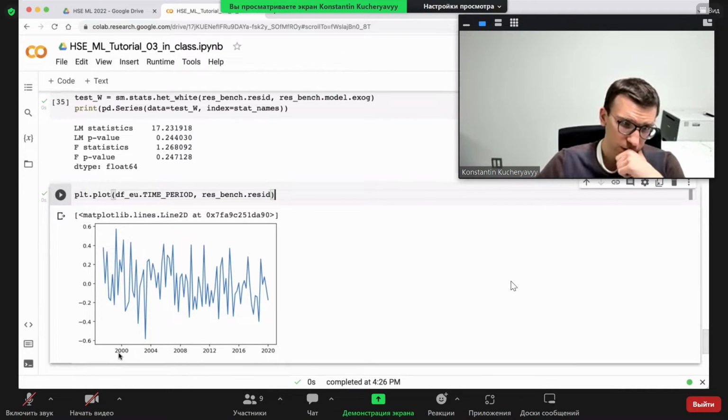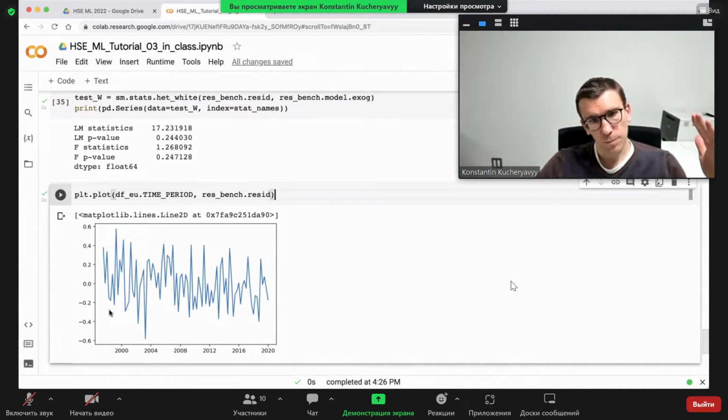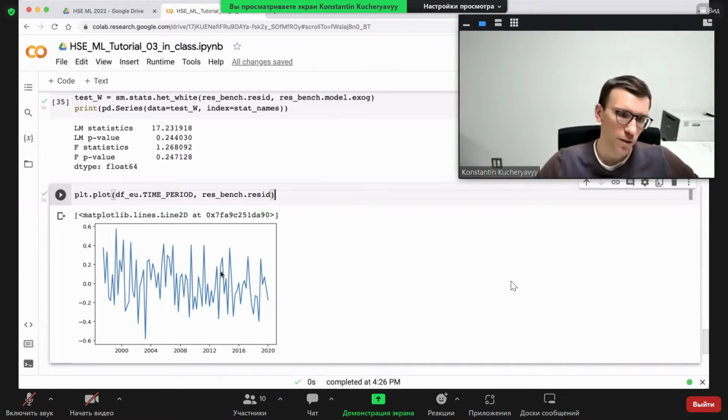how would serial correlation look like? Serial correlation would look like there would be ups and downs in the variables. It would be smoother and going with some shocks up, then down, something like this.